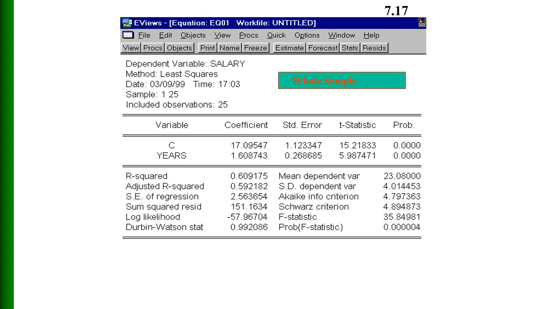There are also the standard error of regression, sum of squared residual, log likelihood, Durbin-Watson, and so on. And this is the F test. So the overall regression model is significant. So y i hat is equal to alpha naught hat plus beta 1 hat x i. So this is 17.095 plus this is the slope.